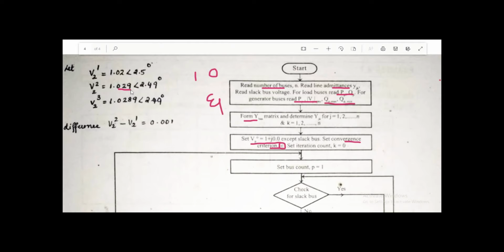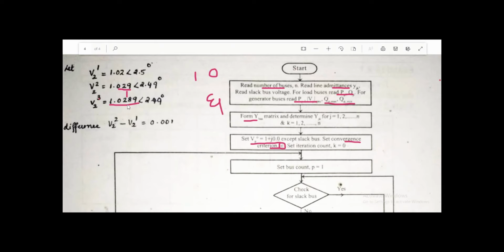Again, you are still not satisfied with the result. So what did you do? You proceed to the next iteration, that is the third iteration. And you got a voltage value like 1.0289. Now you compare these two. You can say the value after the third iteration is much more accurate, isn't it?